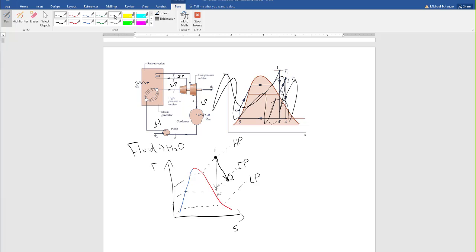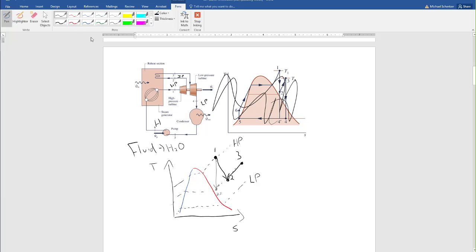From state 1 to state 2 is through this turbine. Then we heat up a little bit, and as we heat up, we get pushed to the right on some constant pressure line. As we add heat, because we can't evaporate any fluid since we're already superheated vapor, we're going to follow this constant pressure line up to state 3.